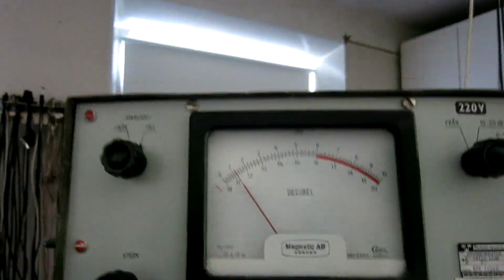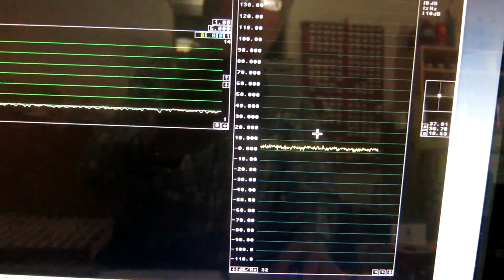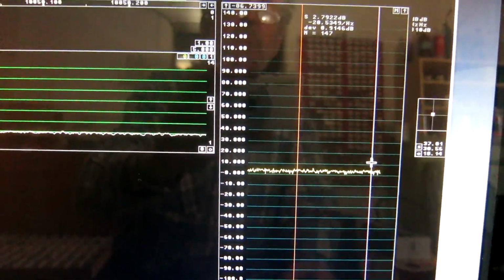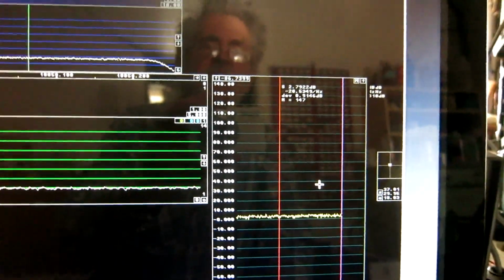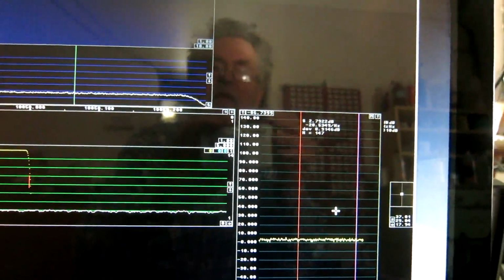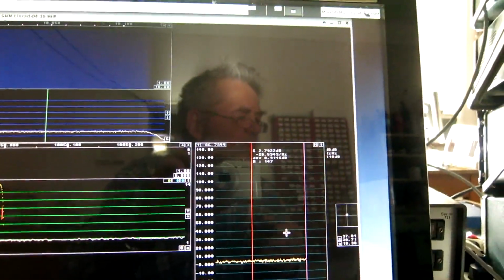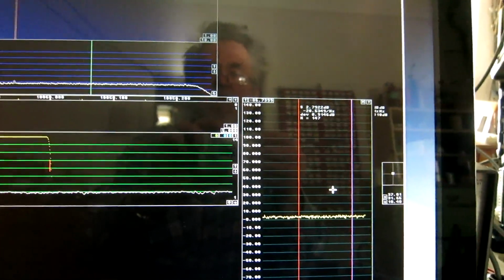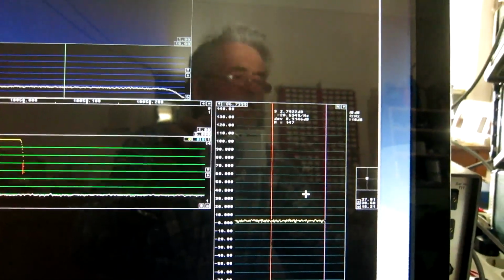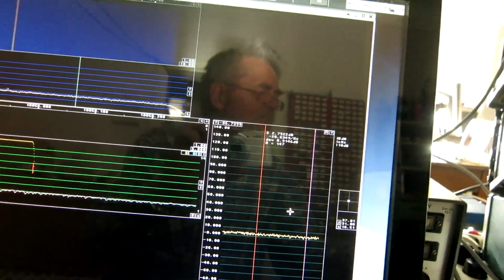So I try 1.2. And 2.8. So the noise figure is maybe 1.4 dB. Anyway, it is low, but the noise from the selective amplifier, far from the filter center, is still significantly above this level.